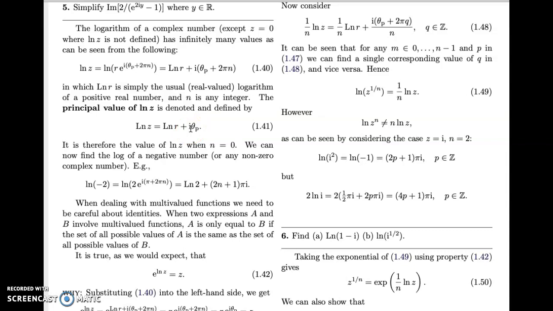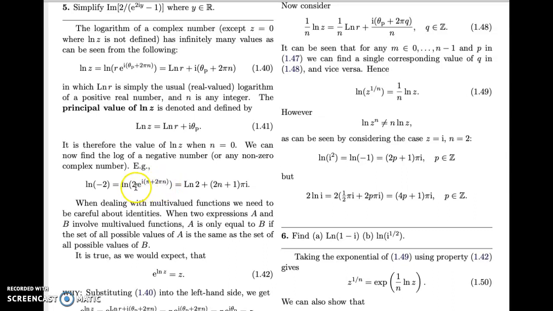So now you can find logs of negative numbers, which before you thought was impossible. Well, the log of a negative number is actually just a complex number. So for example, log of minus 2. Well, minus 2 is 2 times e to the i pi plus any multiple of 2 pi.